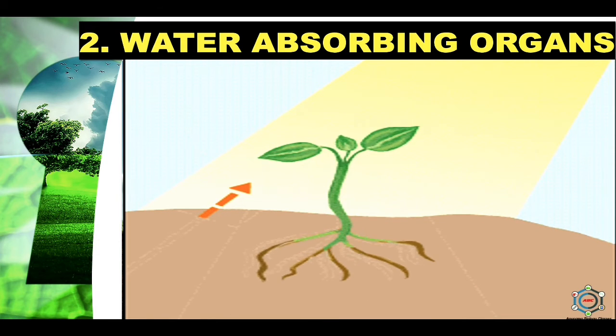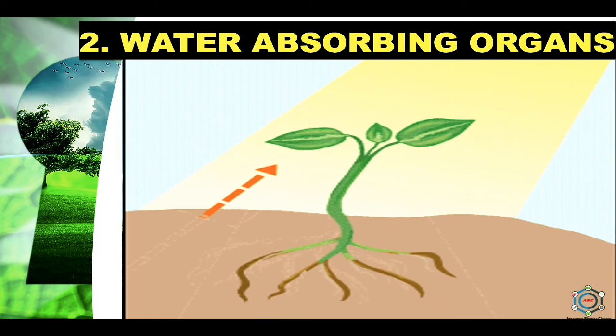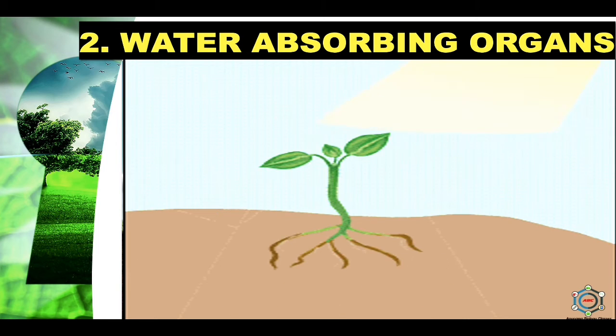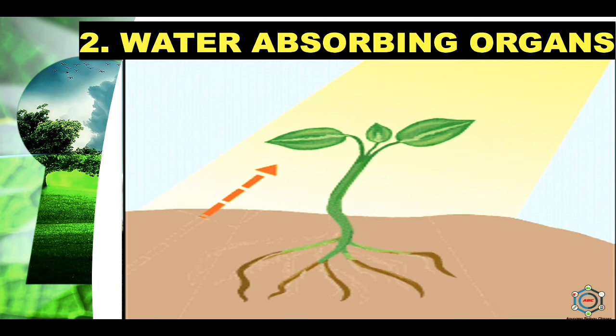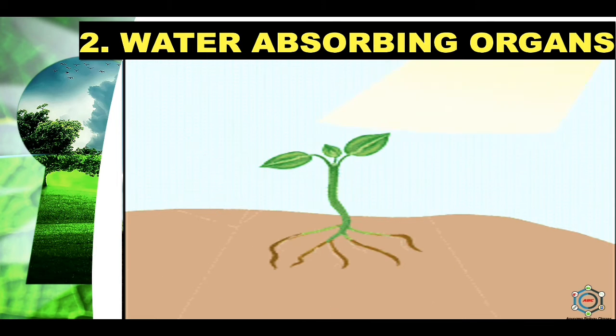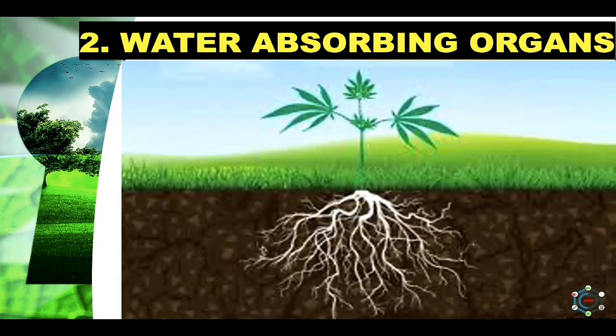The root hairs develop mainly at the tip just above the zone of elongation. A root hair, the unicellular tubular prolongation of the outer wall of the epiblema, is less than 1 millimeter to 1 centimeter in length and approximately 10 micrometer in diameter. They are generally delicate and short-lived. The cell wall of the root hair is composed of two distinct layers.